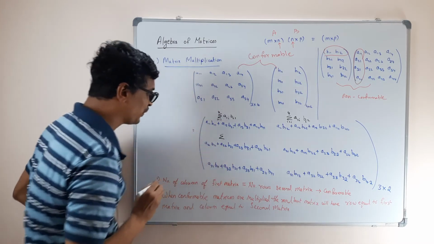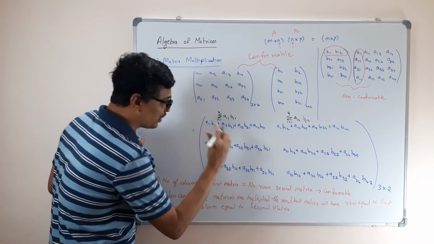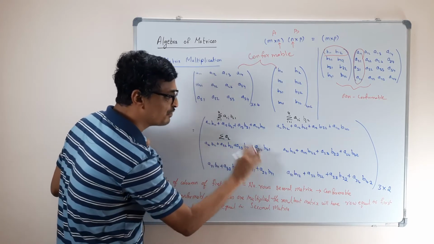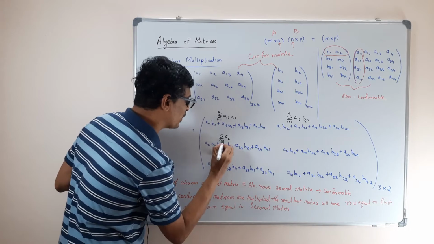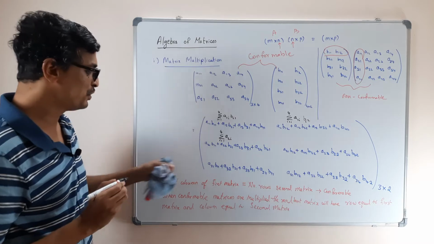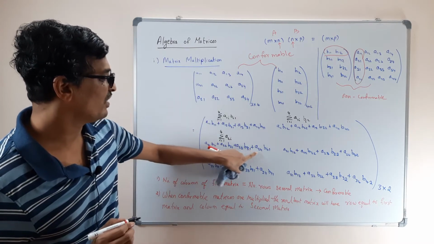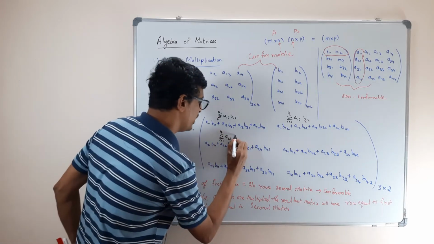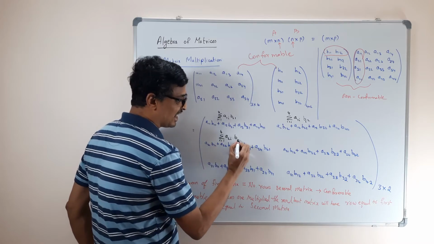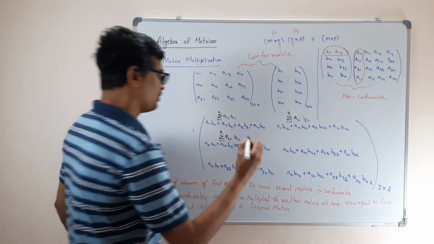Here, this 2 is common, so for A, the 2 will come out and then it is 1, 2, 3, 4. So I equal to 1 to 4, A of 2I, into B of I1, since 1 is common. Clear?